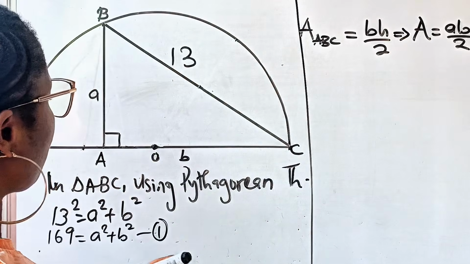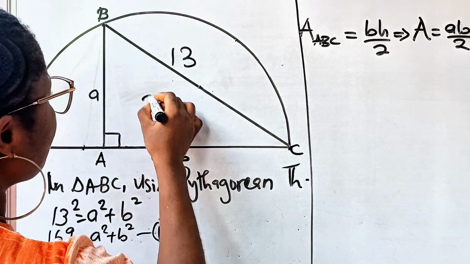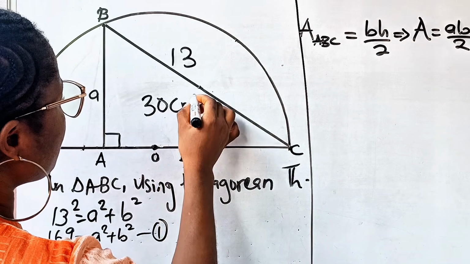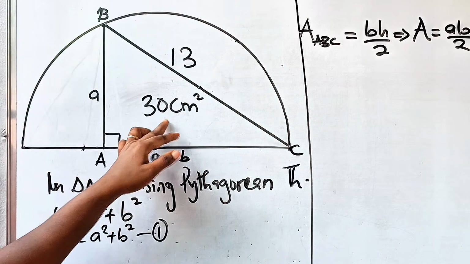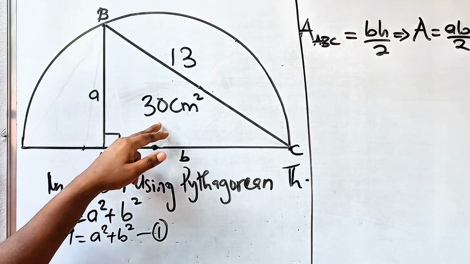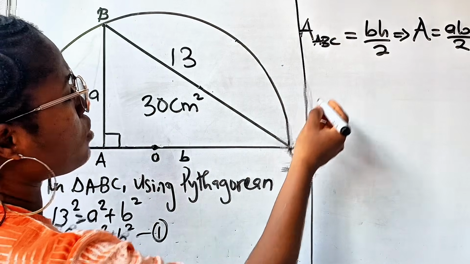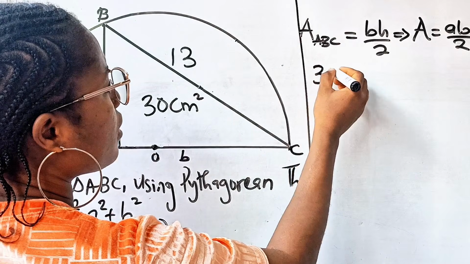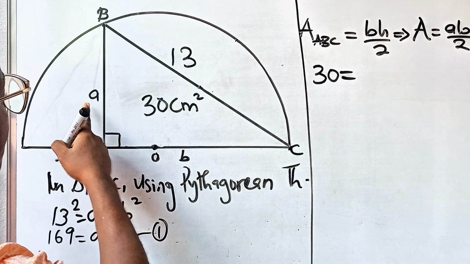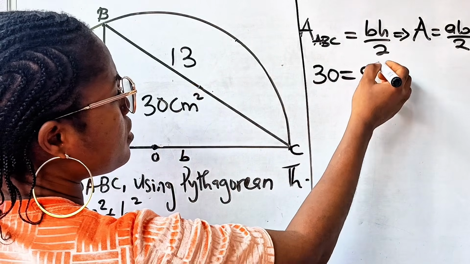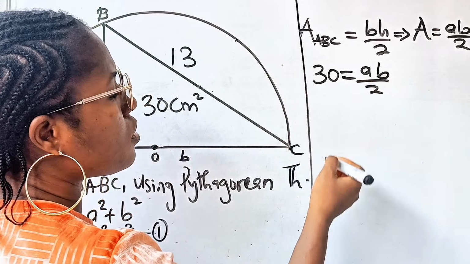Now the area is given as 30 centimeters squared. I'm sorry I didn't write that initially. We are told that the area is 30 centimeters squared. So we are going to write 30 here as the area is equal to, now ab, we don't know what it is, divided by 2.